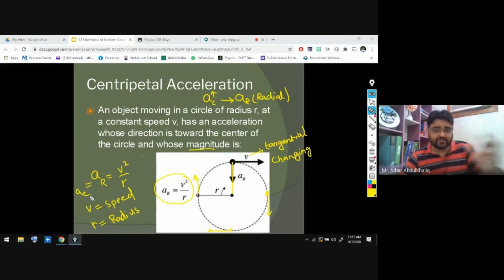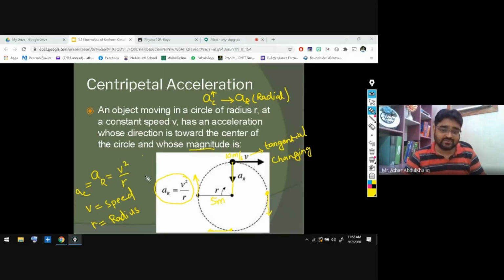For example, before I go to the question, say an object is moving with 10 meters per second, and the circular path within which it is moving has a radius of 5 meters.